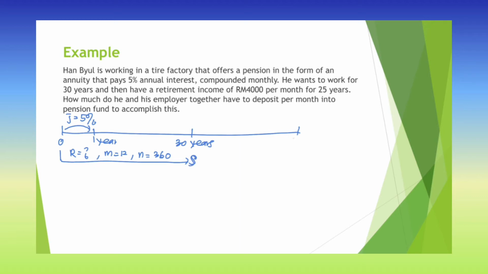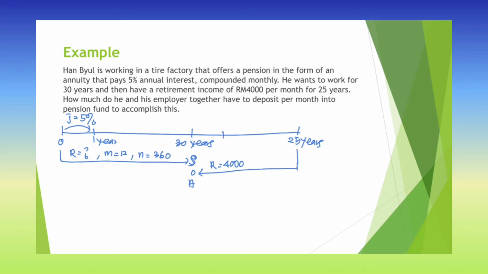And then for the next 25 years, Hanbul wants to withdraw RM 4,000 per month.